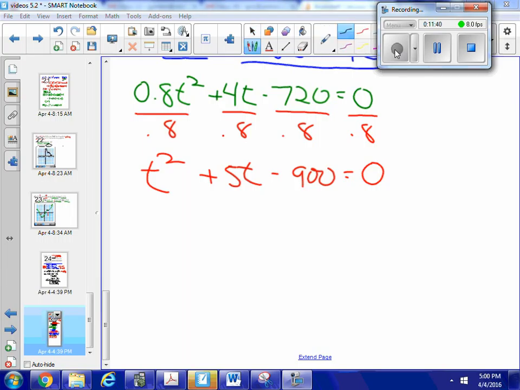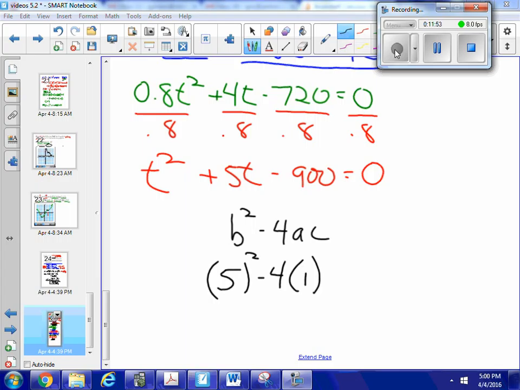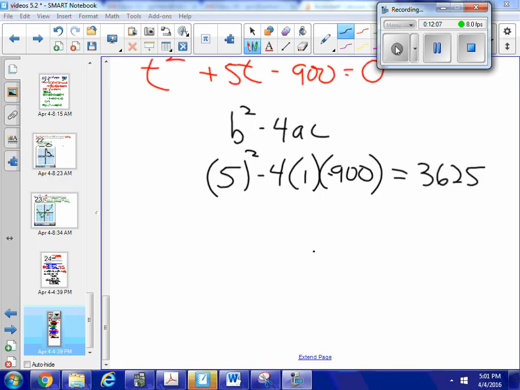And I'm going to start with my discriminant, which is b squared minus 4ac. So that's going to give me 5 squared minus 4 times 1 times negative 900. And that is equal to 3,625. So it's a positive number. I'm going to have 2 real roots. That's good that it's not a negative number.